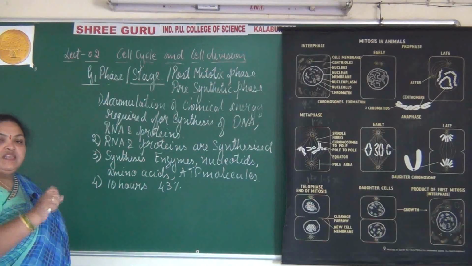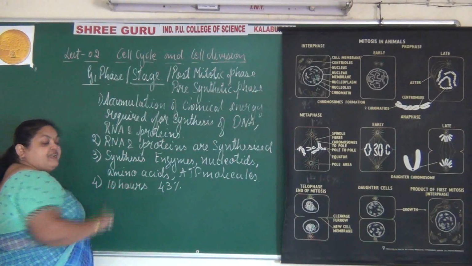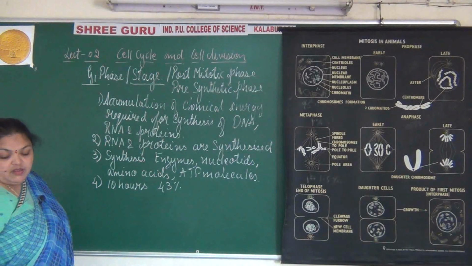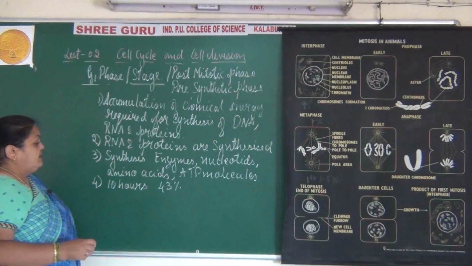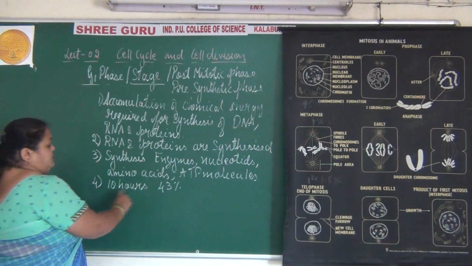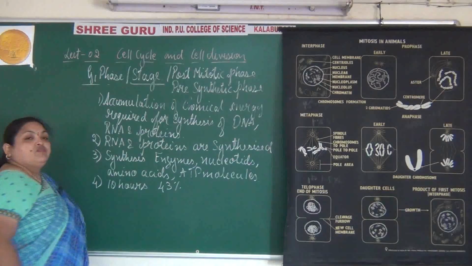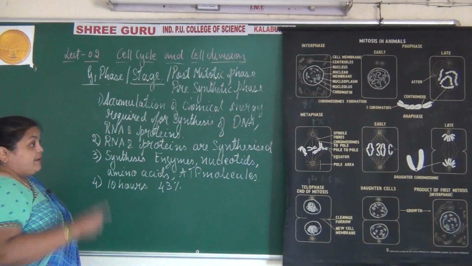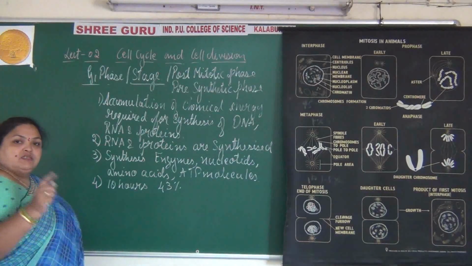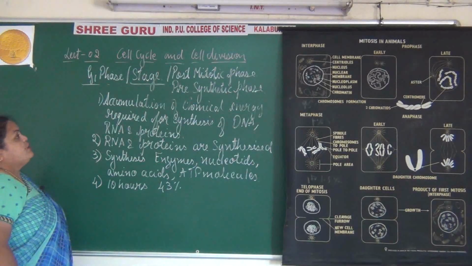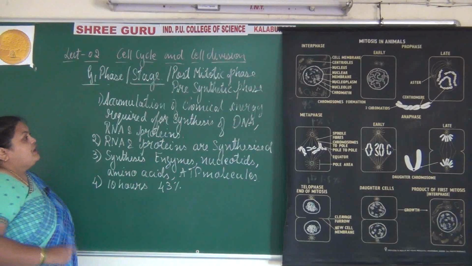So usually it takes around 10 hours to complete the process, and here the generation time is around 10 hours with 43% compared to S and G2 phase, it is of longer duration. So in G1 phase, what all happens?